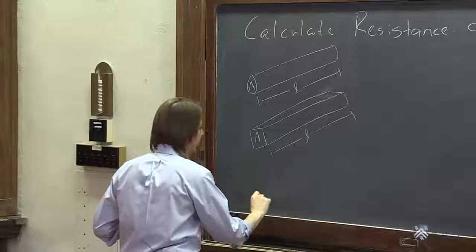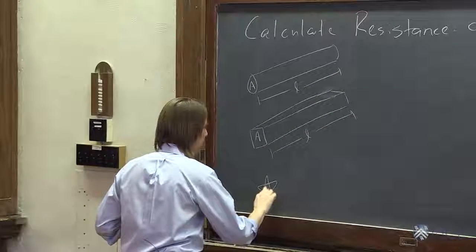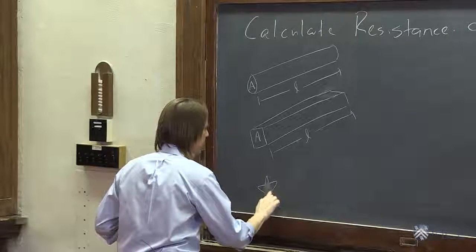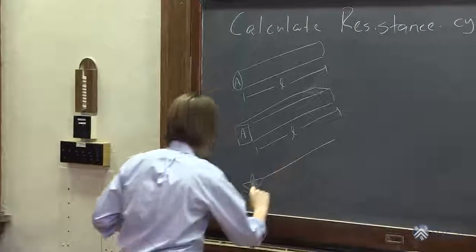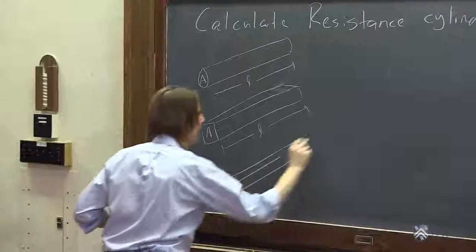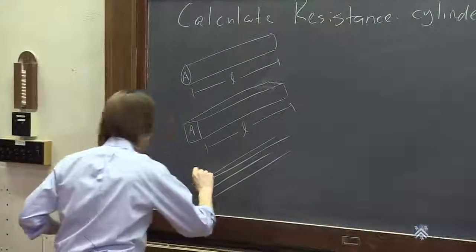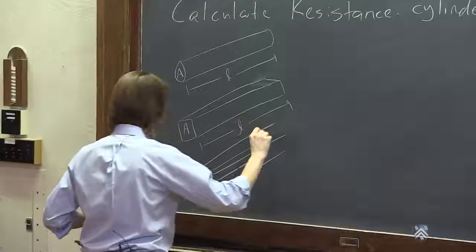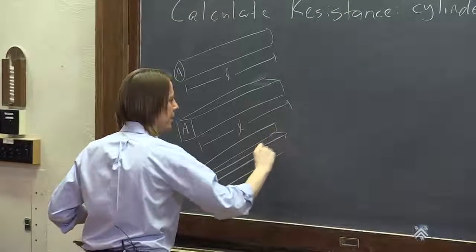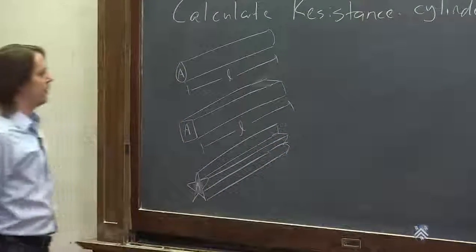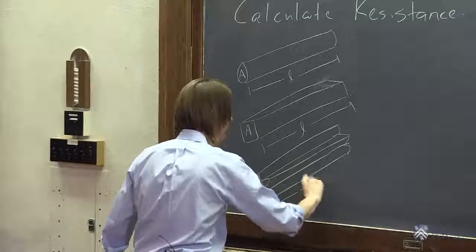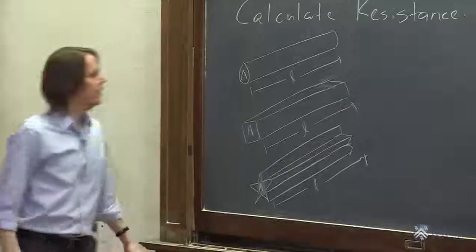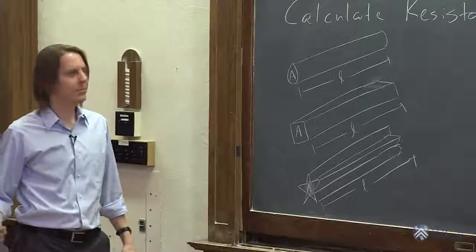We could even have a star here. There we go. A, cross-sectional area. Length L. They're all going to give you the same resistance.